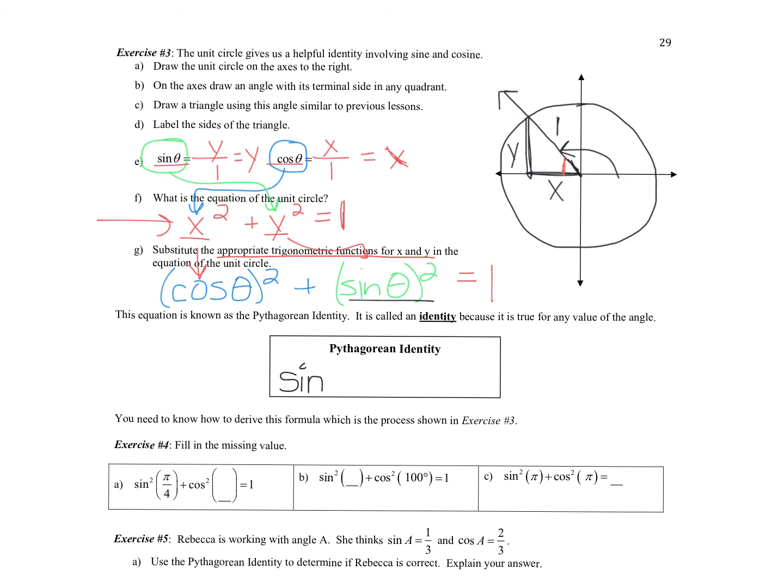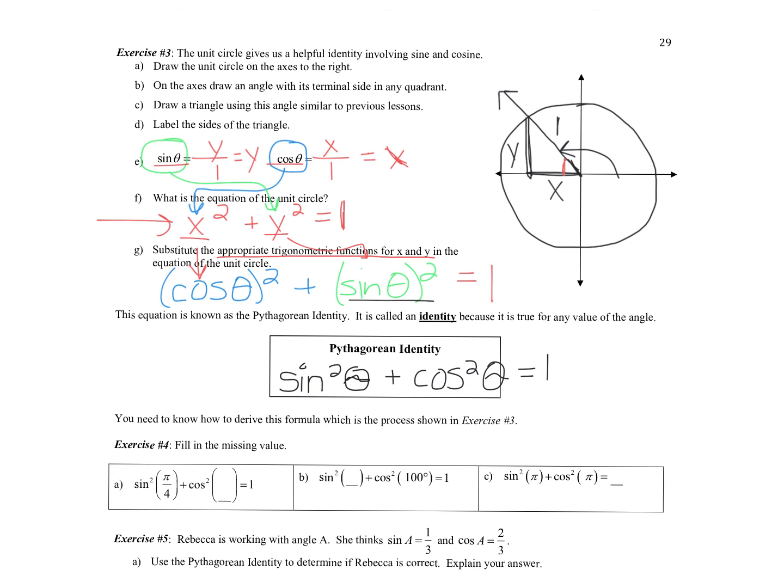We don't want to write the parentheses because we try to cut stuff out in math. So we actually take the squared and put it here. So instead of writing sine of theta squared, we write sine squared theta. Then it's really clear that the whole trig function is squared, and not just the angle. So we write the sine first, and then we do the same thing with cosine. So cosine squared theta, and that equals 1.